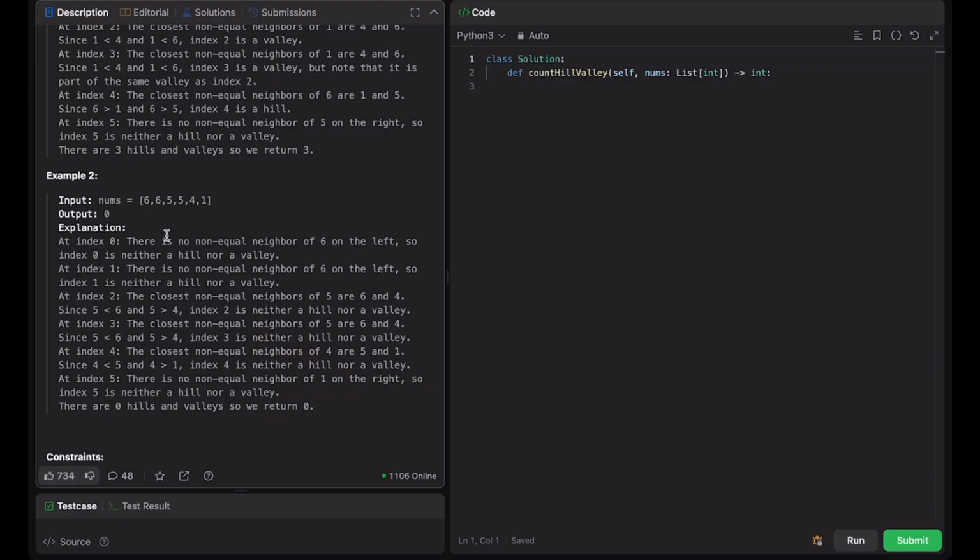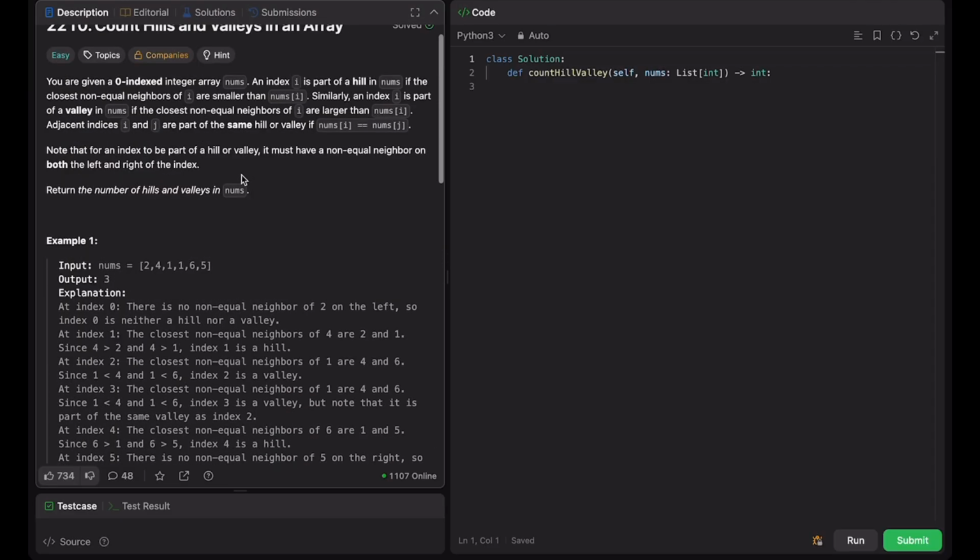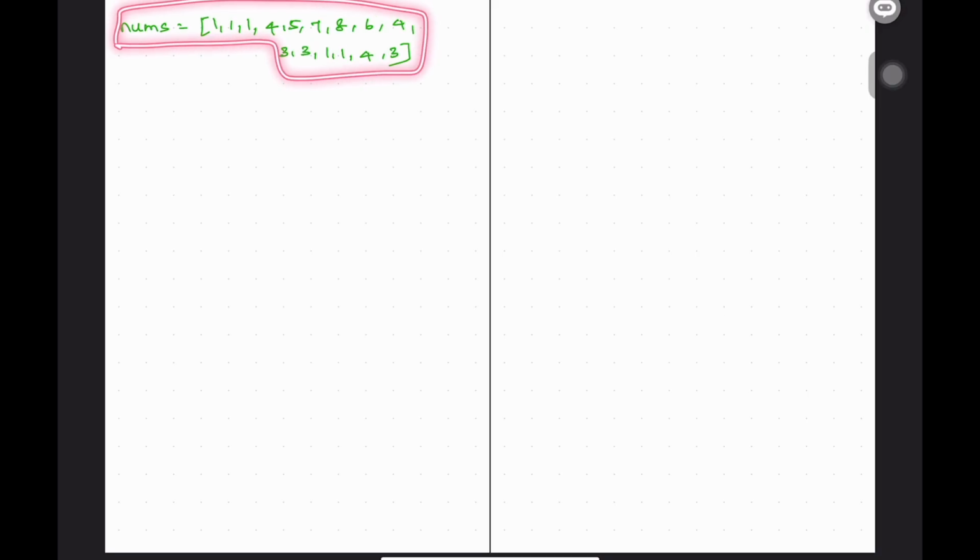Now let's take a look at the visual representation and how we are going to solve this particular question. Let's take this nums as an example. The first thing we should consider is to ignore the ends. Here we have 3 1 at the last, so we have to ignore this 3 because on the left it doesn't have anything, only on the right it has.